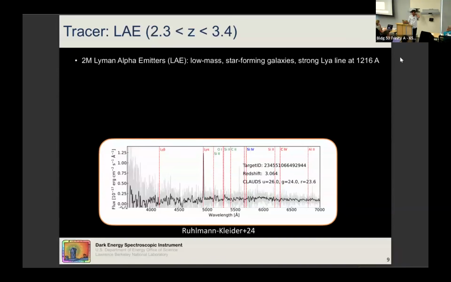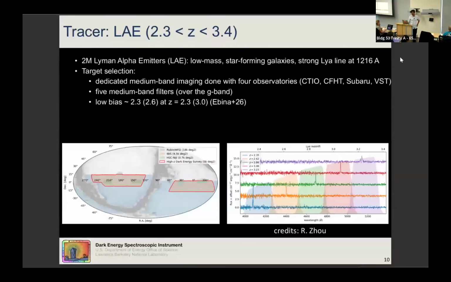To do that, we'll use two tracers. The first is Lyman alpha emitters, which are basically low mass star-forming galaxies with a strong Lyman alpha line. You can see a spectrum here with a Lyman alpha line at a wavelength of around 5,000 angstrom. We select those with dedicated medium band imaging.